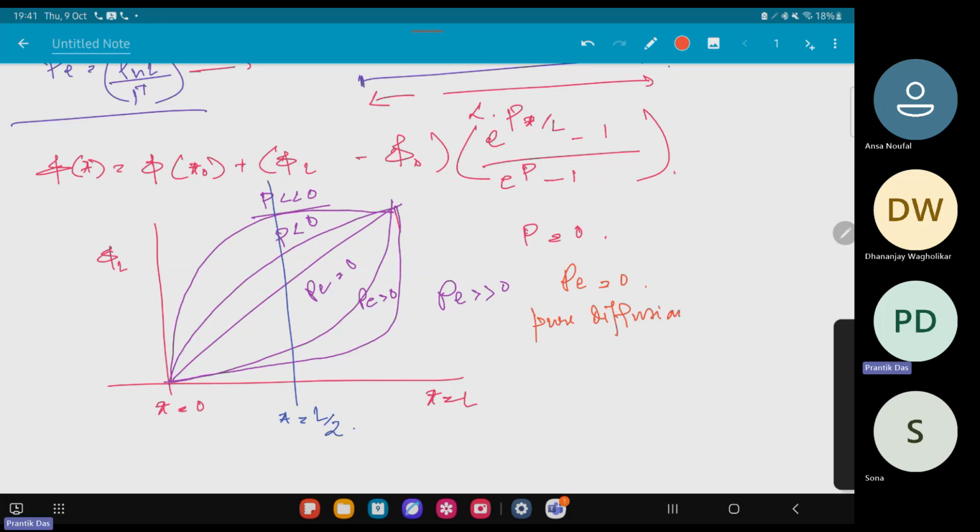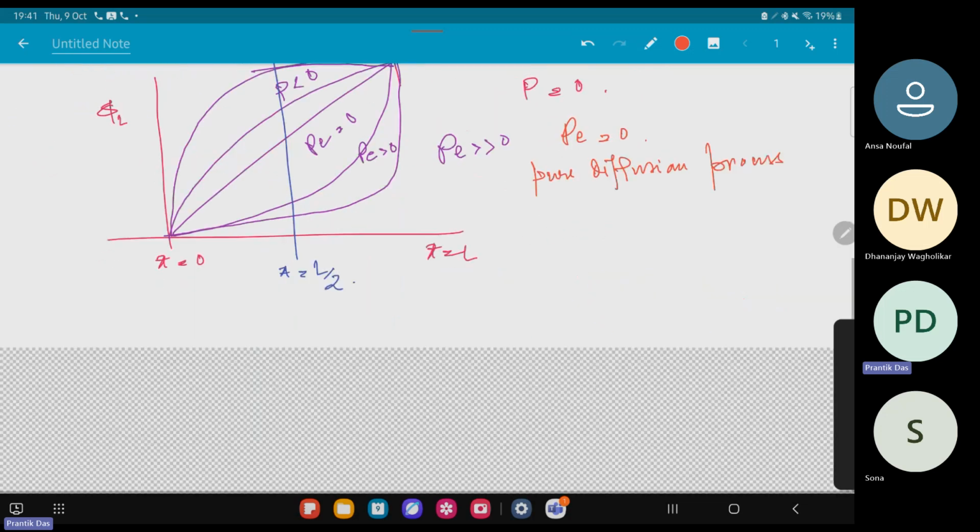In pure diffusion, we always know that the conduction is a linear line. I've shown you the profile with pure conduction and also with conduction with a source term. If there is a source term, it becomes parabolic and tends toward unboundedness. And if it is equal to zero, then it becomes a linear line.